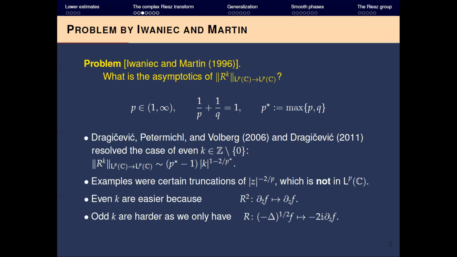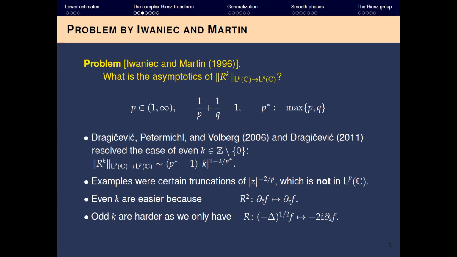So Dragičević, Petermichl, and Volberg have already clarified the case of even powers, because they were primarily interested in powers of the Ahlfors-Beurling operator, and they have the sharp asymptotics up to some absolute constants, right? So this is comparable up to some absolute constants that are independent of k or p. I'll explain this quantity a bit later.